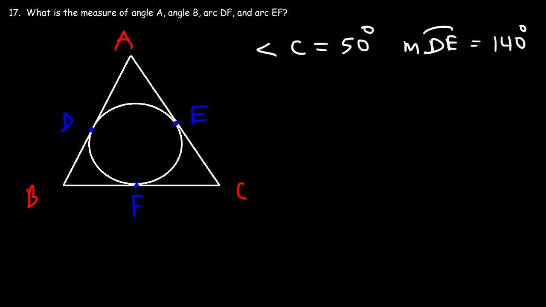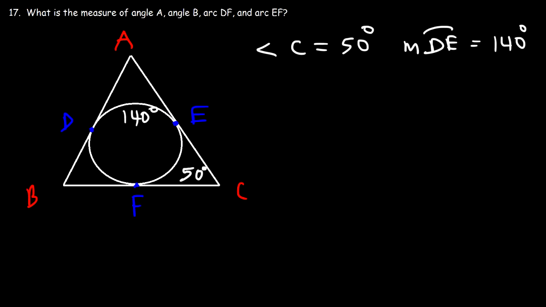17. What is the measure of angle A, angle B, arc DF, and arc EF? So we're given that angle C is 50 degrees and arc DE is 140. So let's calculate everything else that's missing.